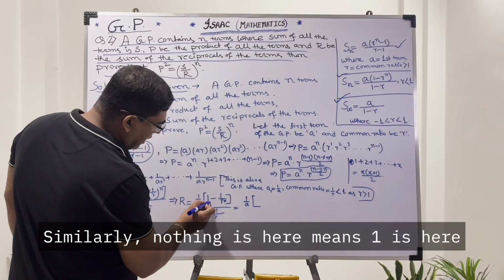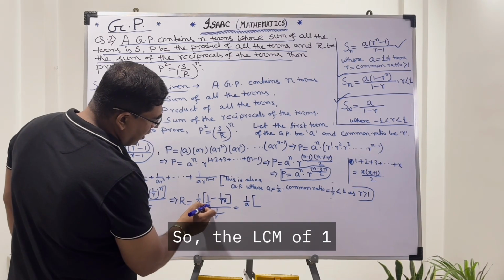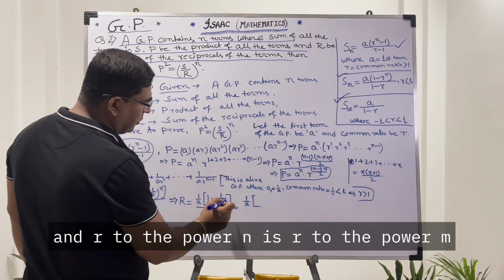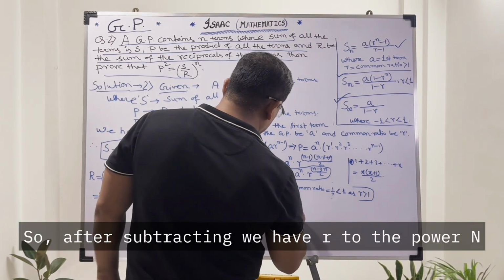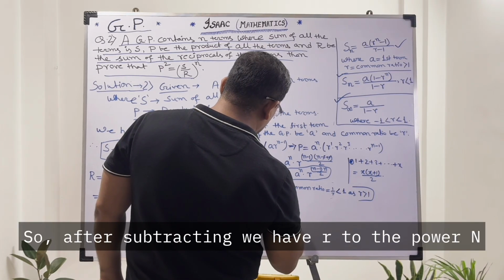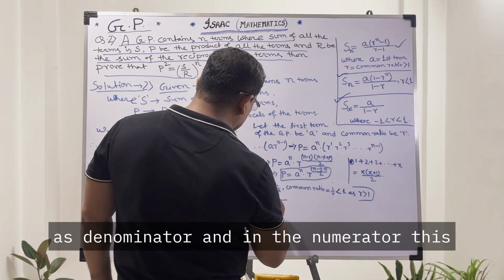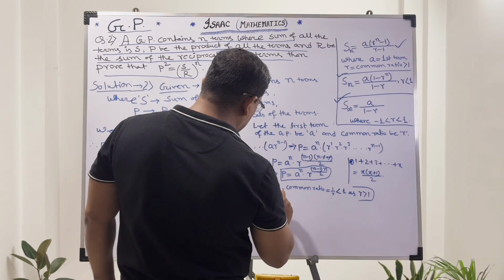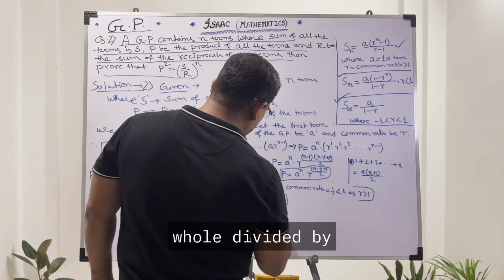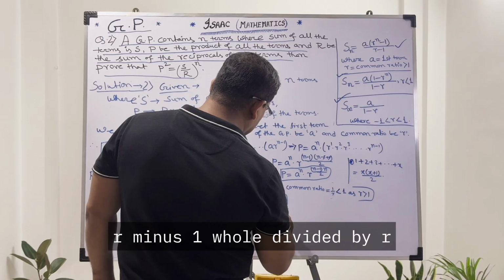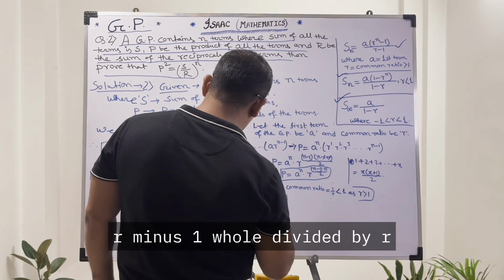Similarly, nothing is here means 1 is here. So the LCM of 1 and r to the power n is r to the power n. So after subtracting, we have r to the power n as denominator, and in the numerator this will be r to the power n minus 1 whole divided by r minus 1 whole divided by r.